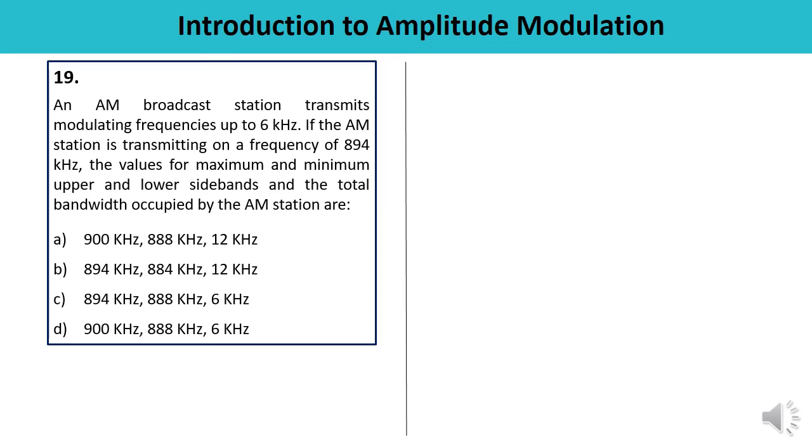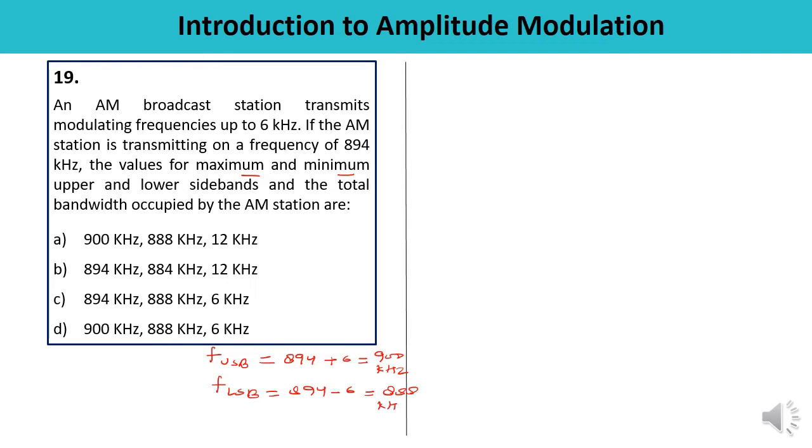If the AM station is transmitting on a frequency of 894 kHz, what is the value of maximum and minimum upper and lower sidebands and the total bandwidth occupied by the AM station? See, the maximum frequency, or you can say the frequency of the upper sideband, will be equal to 894 plus 6 kHz, that is 900 kHz. At the same time, the lower frequency, LSB, is 894 minus 6, which is 888 kHz.